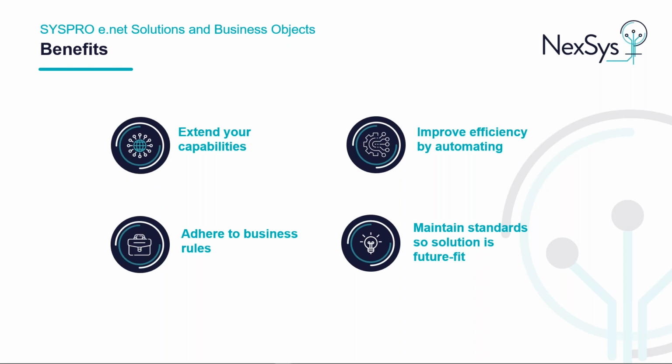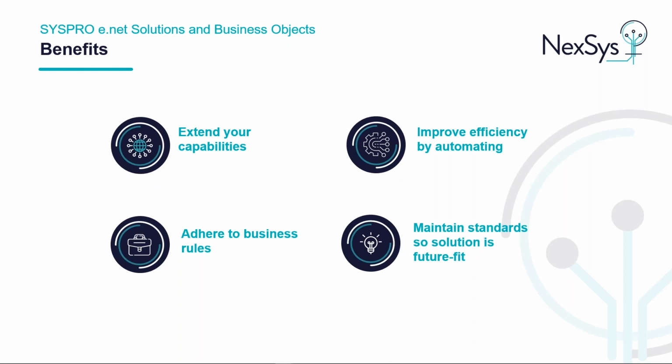And as Andrew mentioned, business objects have been around the Syspro ecosystem for a long time. The idea of APIs and open APIs is relatively new in terms of the language associated with that, but it's been around for a long time, and Syspro was one of the early adopters of this technology. I used to work with a partner in Canada who commented about 10 years ago how robust Syspro's integration layer has been, and e.net Solutions is the foundation of all of that.